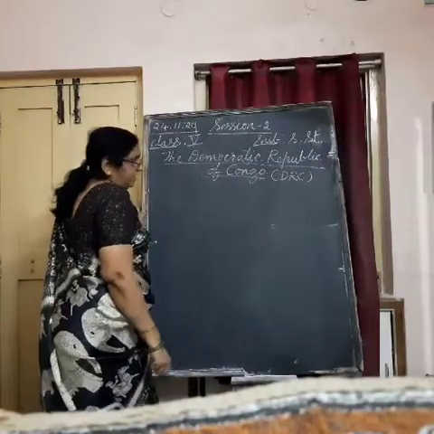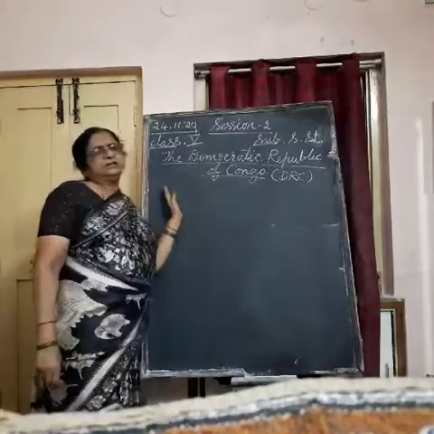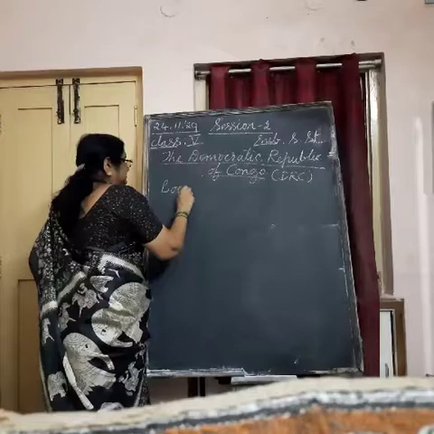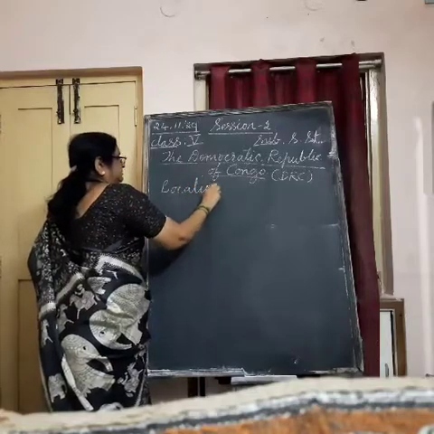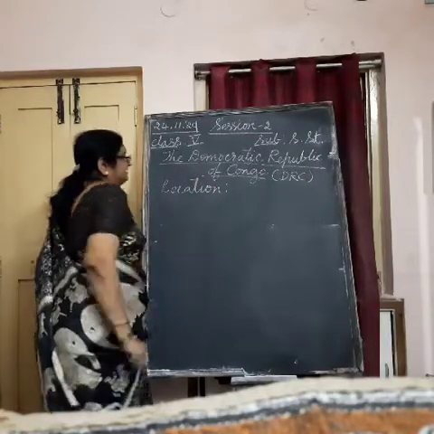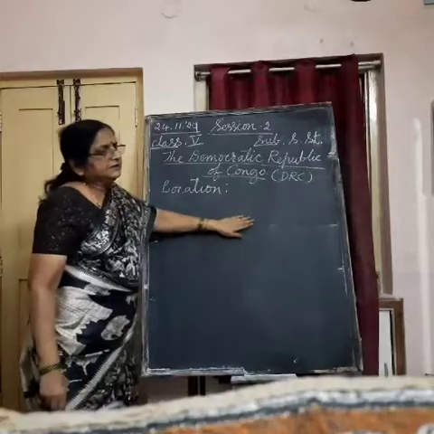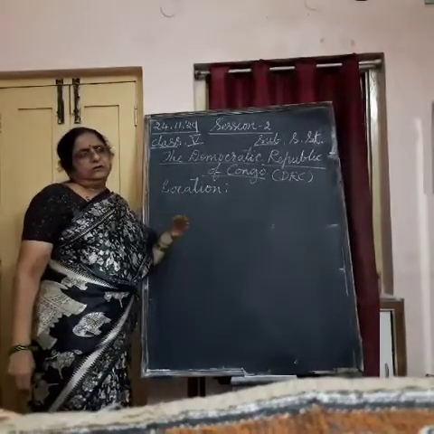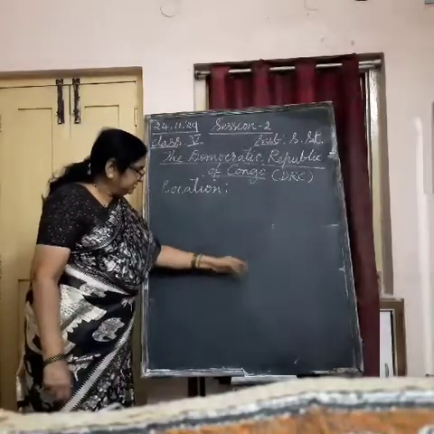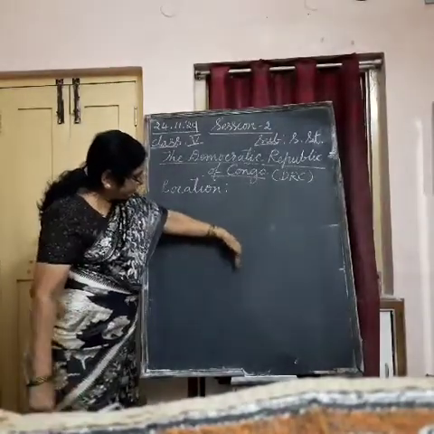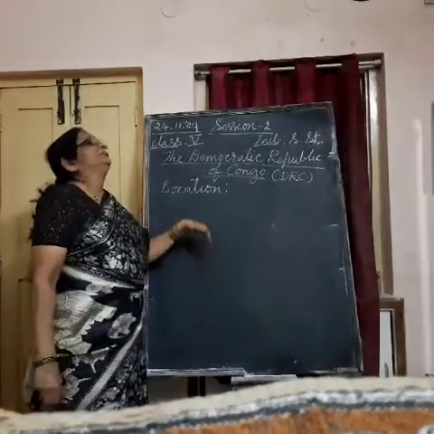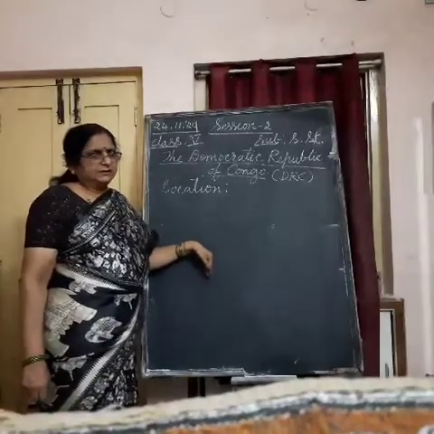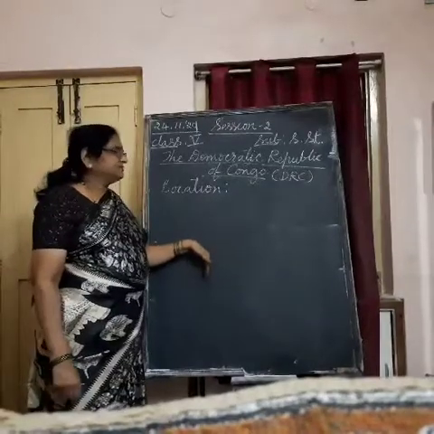Okay, so what are we going to study about its location first? Where it is located, where it is lying. It is lying in the center of Africa, moving towards the west of Africa. Understand? It is towards the west of Africa.